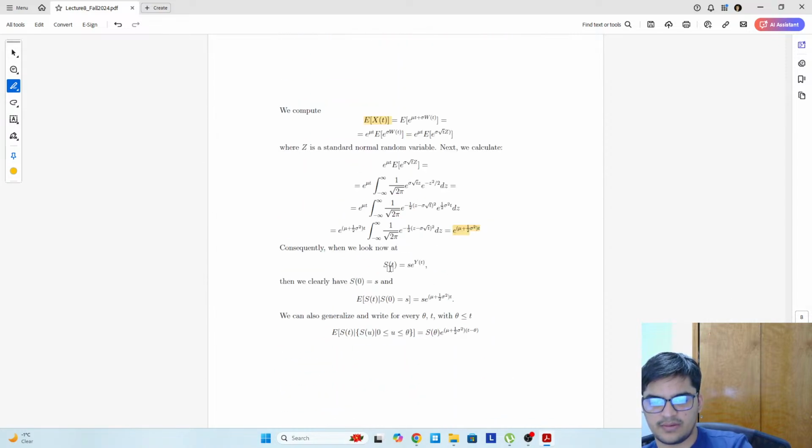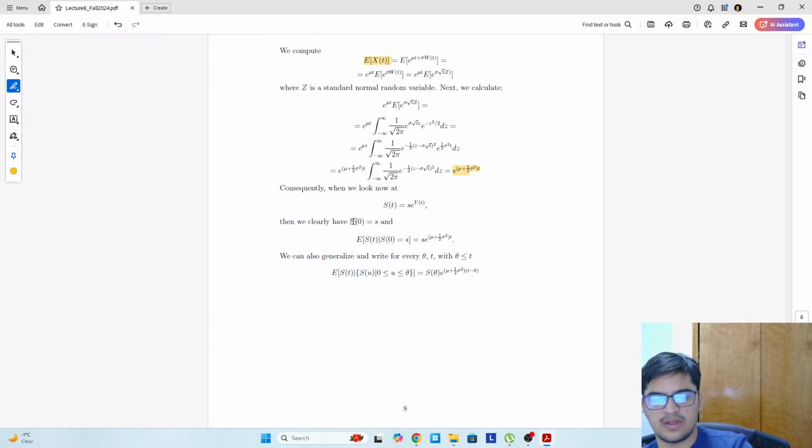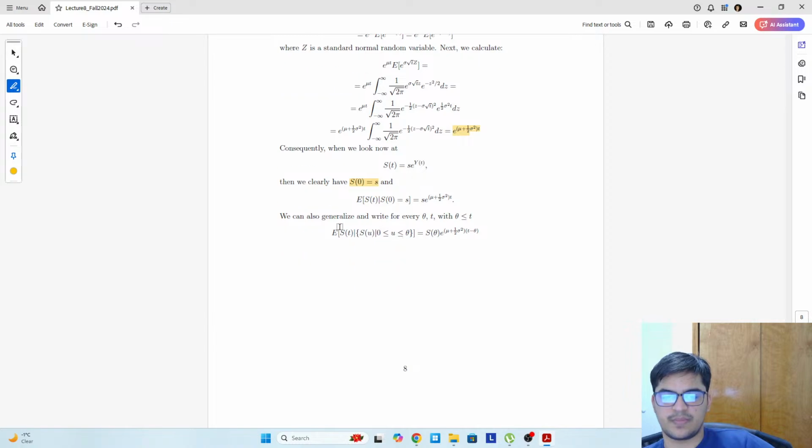So given that we have the information S naught equals S, the expectation of S_t is S e raised to (mu plus 1/2 sigma squared) times t.